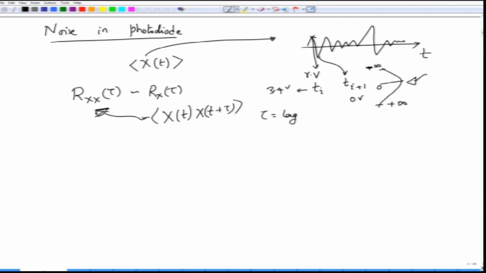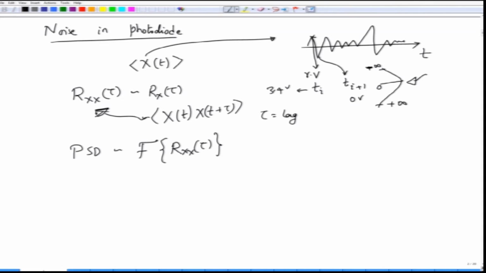But this is done in the time domain, whereas power spectral density, as its name would suggest, is a quantity defined in the frequency domain. So, how can I define that? Well, power spectral density is basically the Fourier transform of this Rxx of tau. You compute the autocorrelation of the process and then take the Fourier transform of that, and you will get the power spectral density.